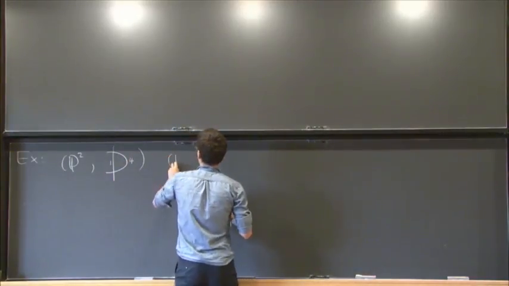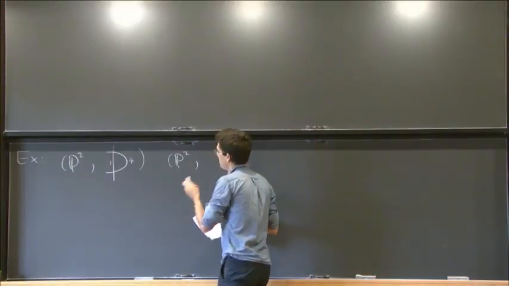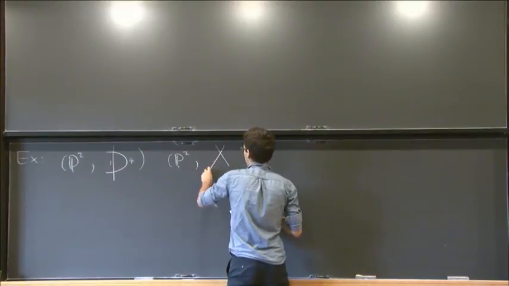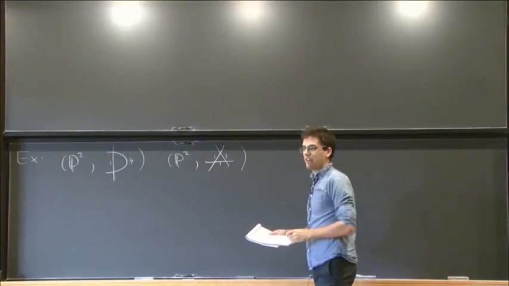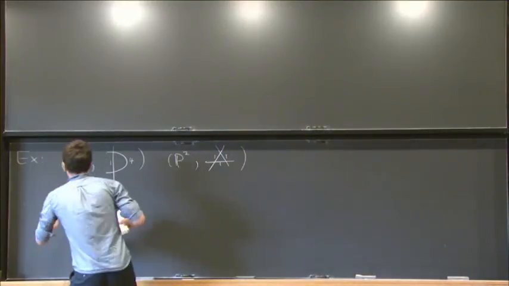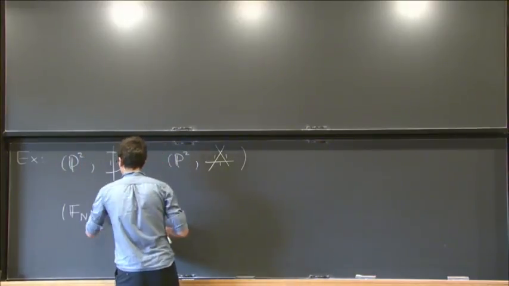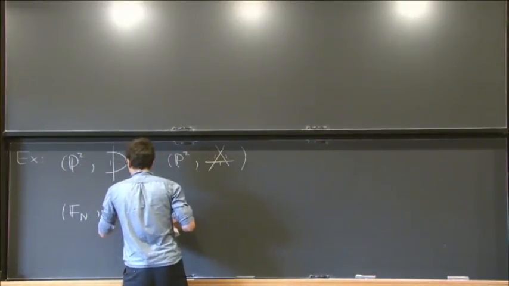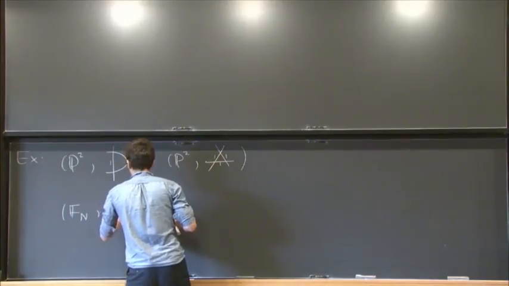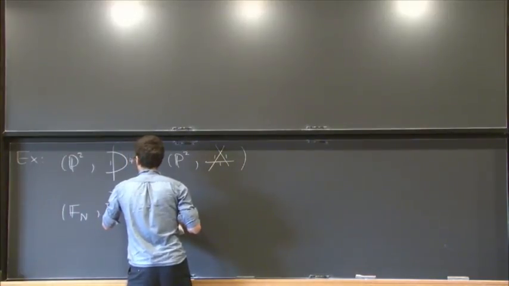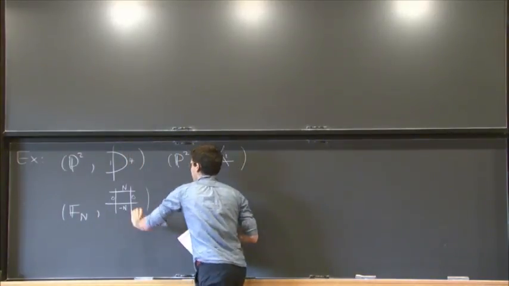Or, for example, we could take the same surface P2, but find a different anti-canonical divisor, like 3 crossing lines. Or if we have the nth Hirzebruch surface, it has an anti-canonical divisor, which is a square, looking like this.